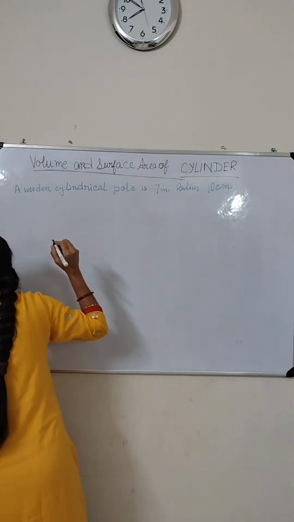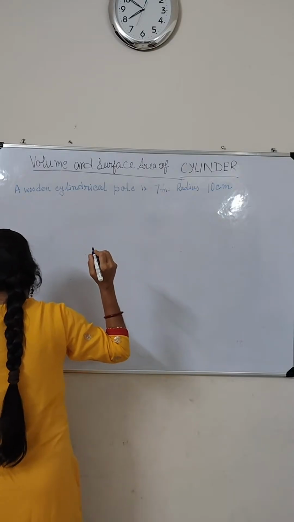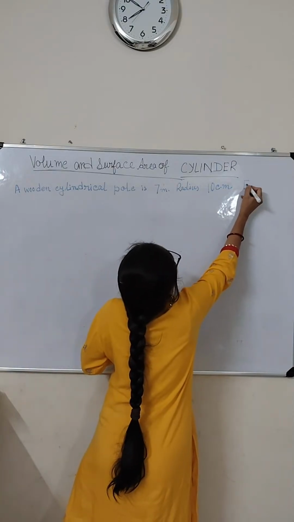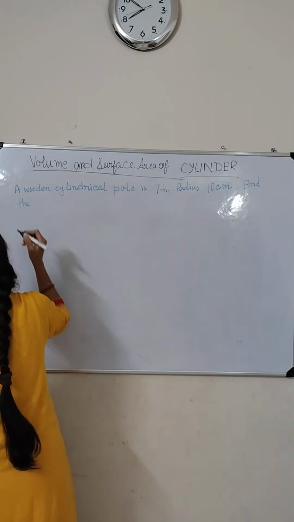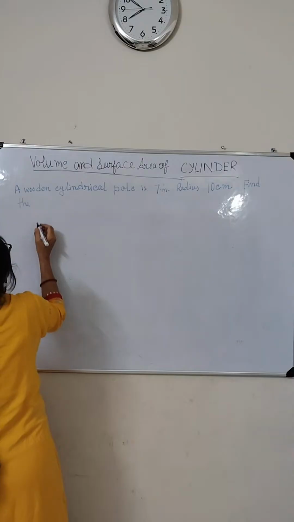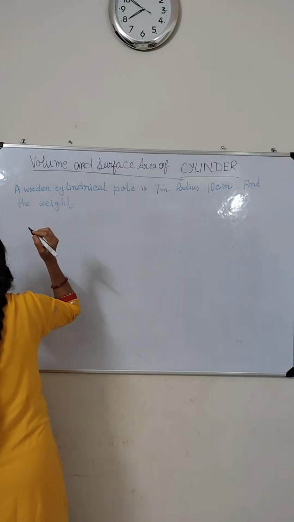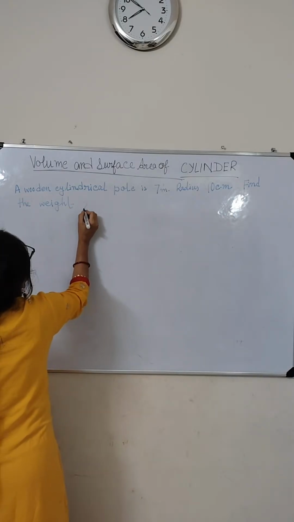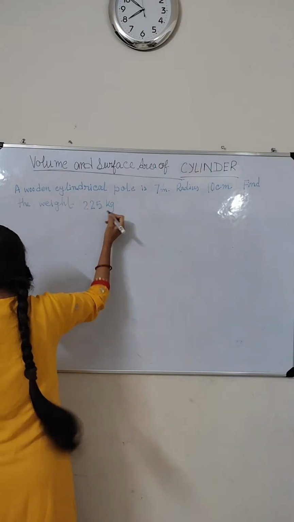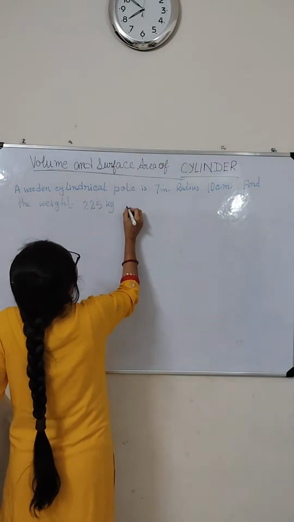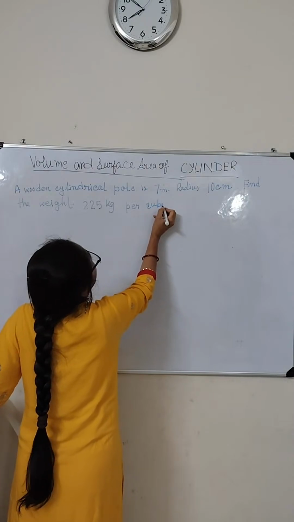Find the weight. The weight is 225 kg per cubic meter.